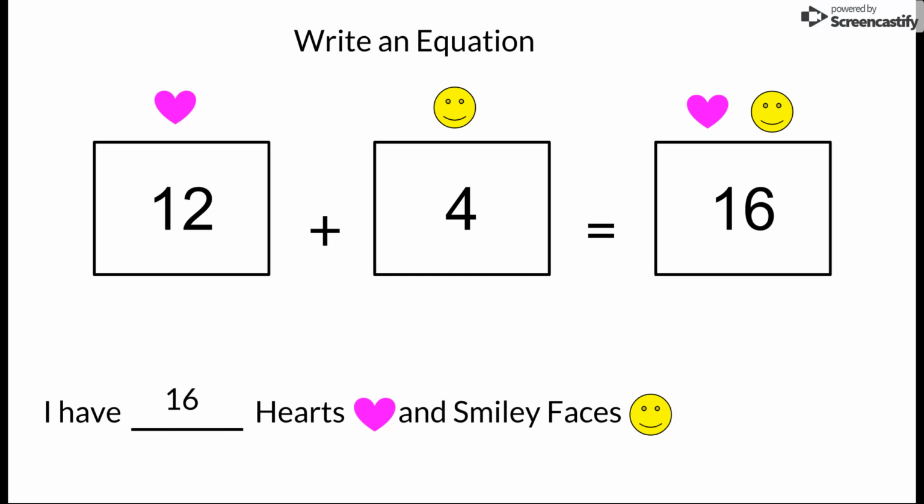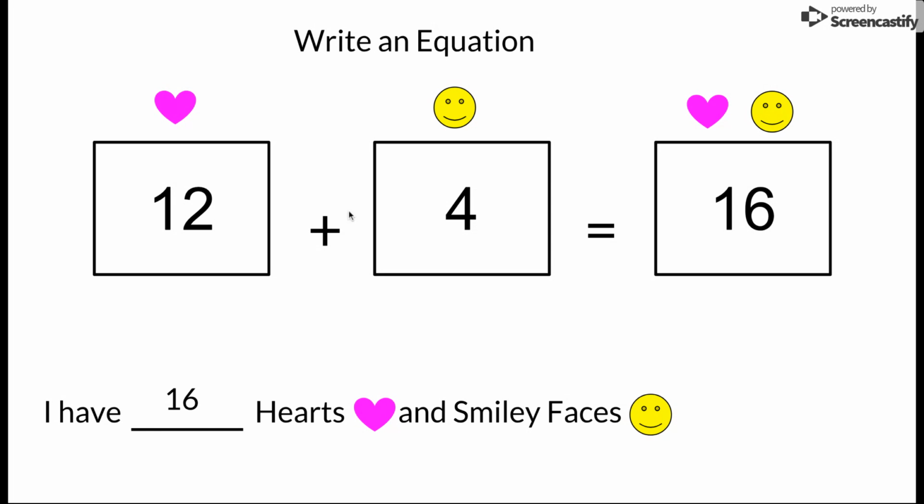Then we would work on building up towards an equation, seeing that here we are again with the hearts and the smiley faces. So we talked about how we had 12 hearts, and then we talked about how we had 4 smiley faces. So how many do we have all together? Okay, so we can phrase that in this question, and then we can ask them to put the numbers into the boxes.